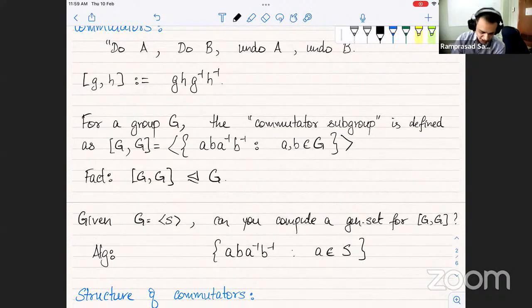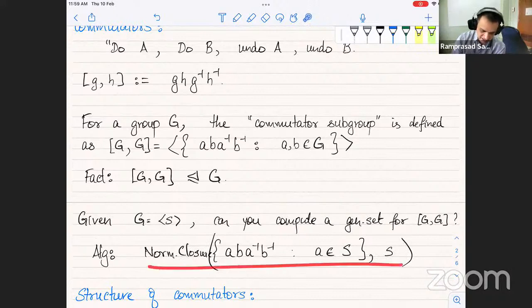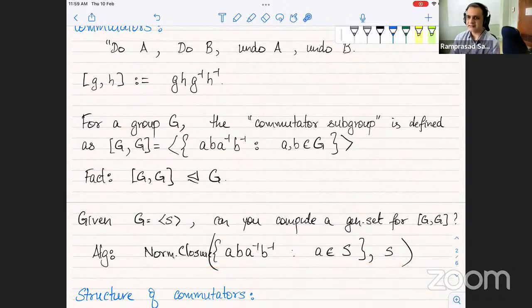But what you can do is take the normal closure of this with respect to S, and that turns out to be a generating set for G. If you want to see precisely why, I will let you look at the notes from 2017. But I just want to tell you that there are algorithms to do this. You've already seen a normal closure algorithm, and you just need to do the obvious thing, but don't just output that, output the closure of that. And that works.